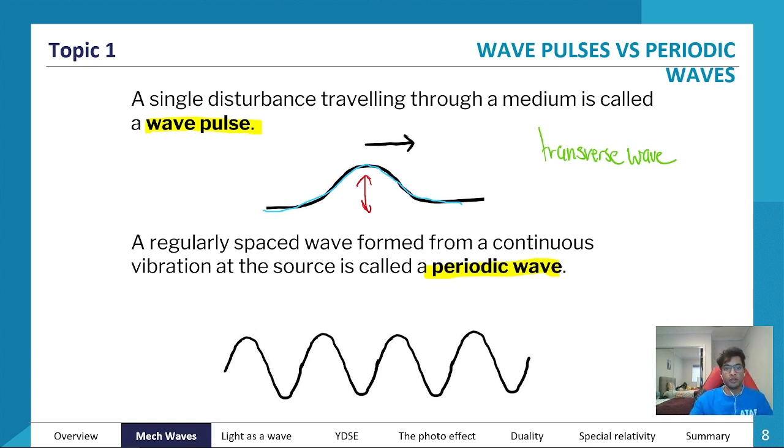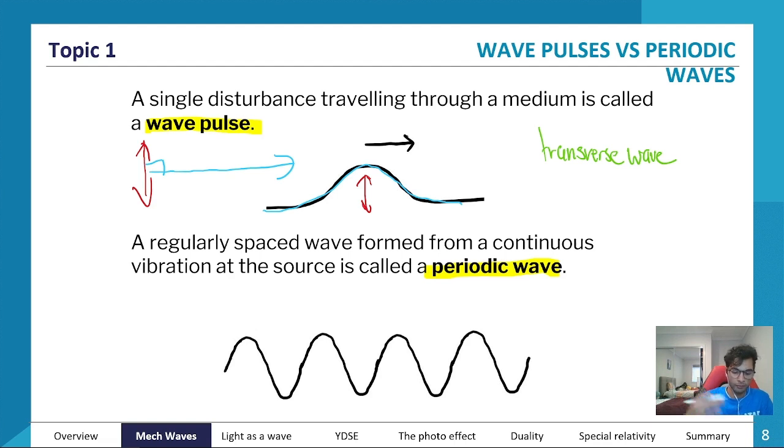The reason we call it a transverse wave is because the wave is traveling to the right, and the water molecules are going up and down, up, down, up, down. Because the direction of the wave, going to the right, and the direction of the particles, going up and down, are at right angles to one another, we call this a transverse wave. So a transverse wave is basically when the wave and the particles are moving at right angles to one another.